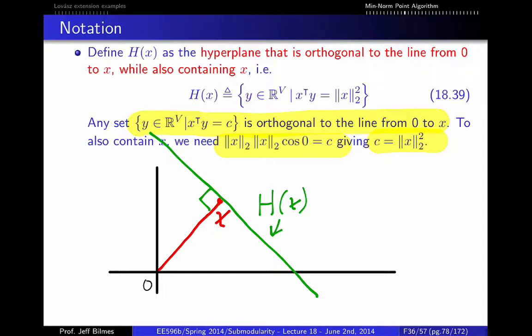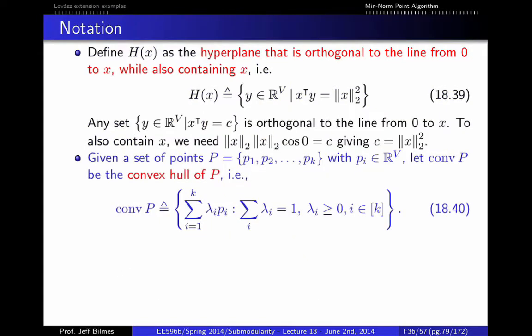And so what we're going to see is we're going to use this for a number of things, because we're going to have polytopes out here, or more specifically, a polytope here, where that's going to be a supporting hyperplane of the base, right? And once we find a point that minimizes the 2 norm that's also separating the polytope from the origin in this way, we're going to be able to show that we've got the minimum norm point.